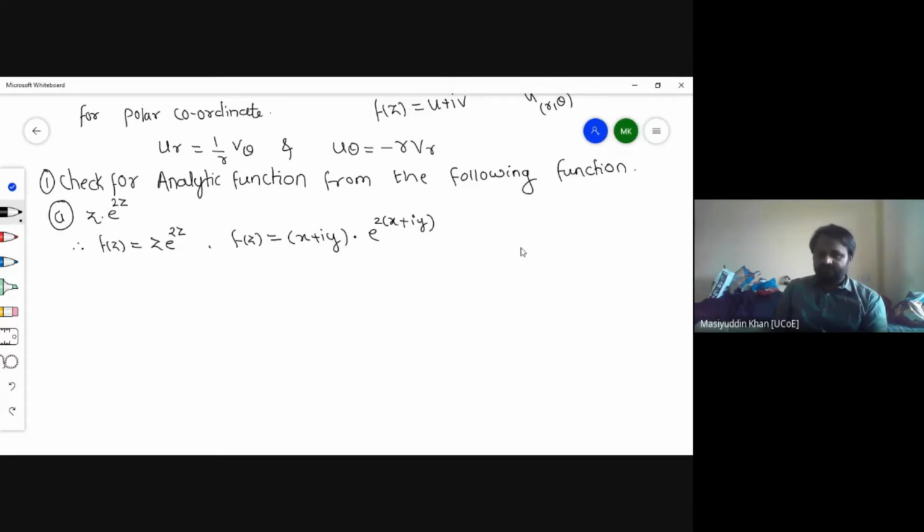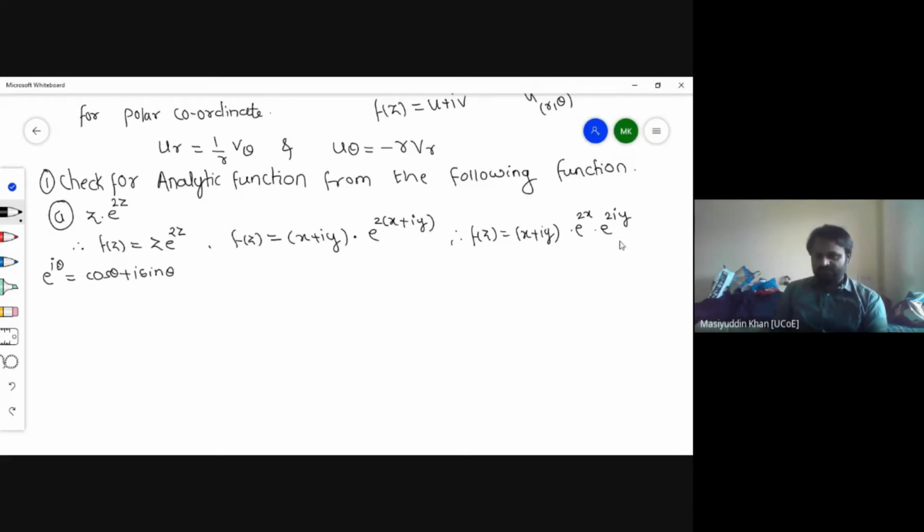We are going to simplify this part. So f of z is equal to x plus iy into e raised to 2x into e raised to 2iy. Now all of you remember, e raised to i theta is equal to cos theta plus i sine theta.